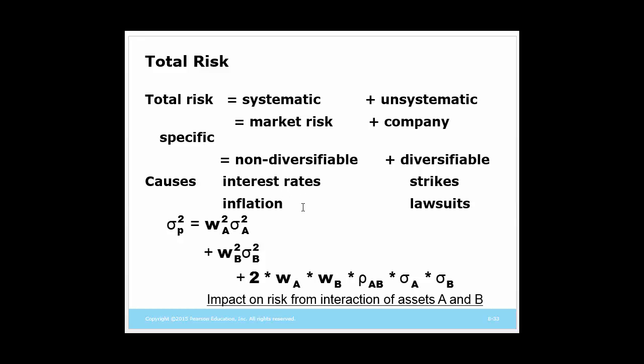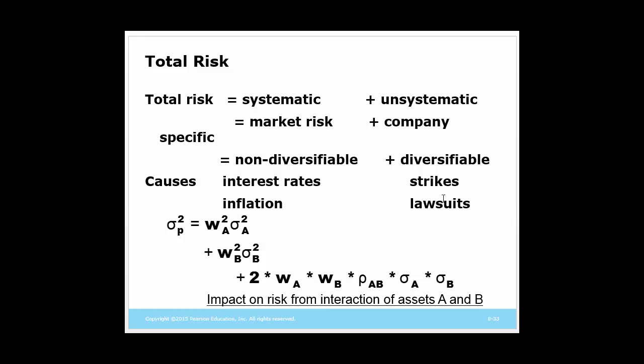Interest rates and inflation. Inflation, I think, is the easiest thing to think about. Inflation's bad for everybody. So if it's bad for everybody, then by adding securities together, you won't be able to offset the bad impact of inflation because everything's going to be hurt. However, company-specific risk only affects certain companies.